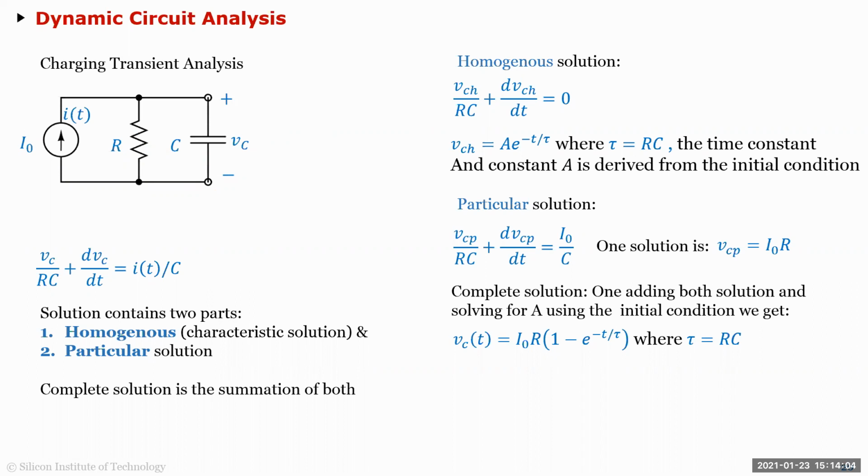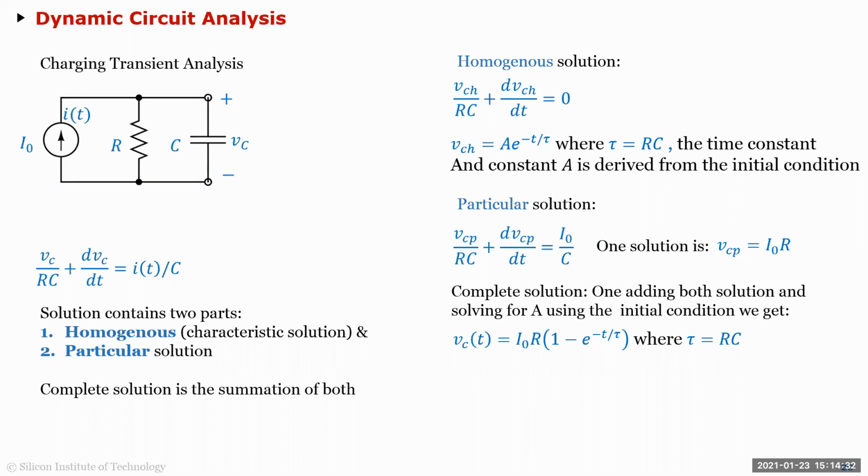Imagine the homogeneous solution as the solution for that circuit without any independent sources, and that actually defines your circuit. The poles of your system are basically your homogeneous solution. When you say I have the poles of these circuits together, those are your homogeneous solution, like the delay of your circuit, your RC time constant. So if you take an RC circuit and say tau equals RC, that's actually your homogeneous solution.